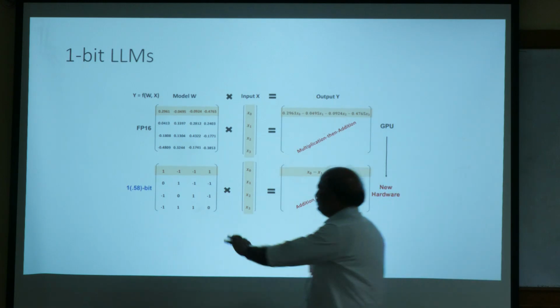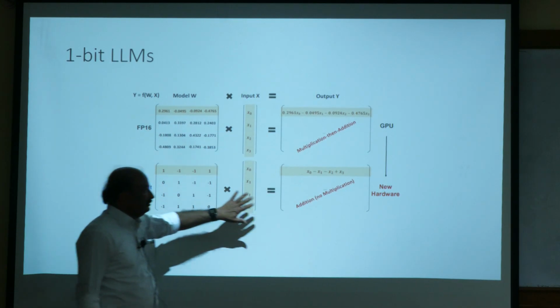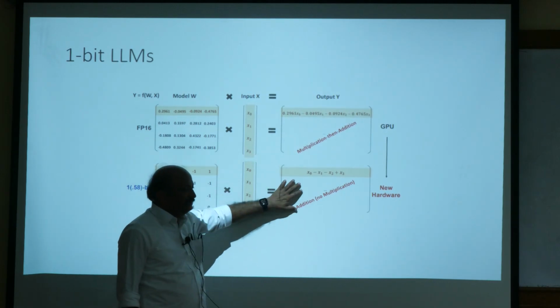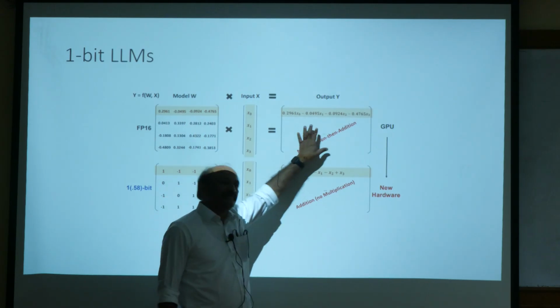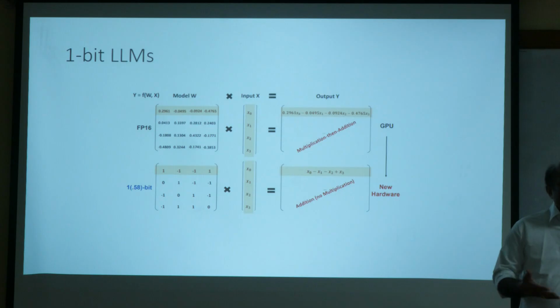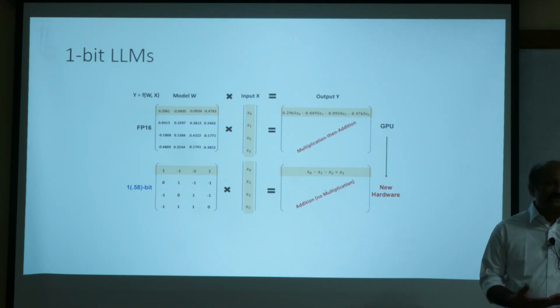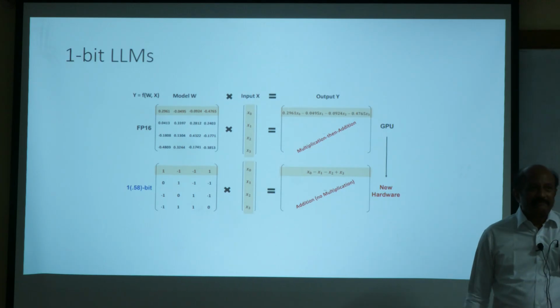We are trying to reduce the floating point arithmetic into binary arithmetic. By doing that, what we are gaining is that we are only doing additions, not multiplication, whereas here we are doing both multiplication and then addition. So we can see how much we have reduced computationally, so that small hardware can sit there and do the job.